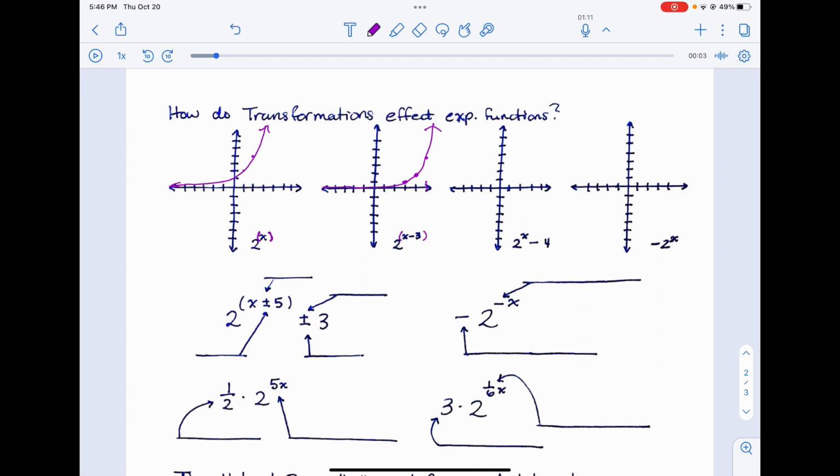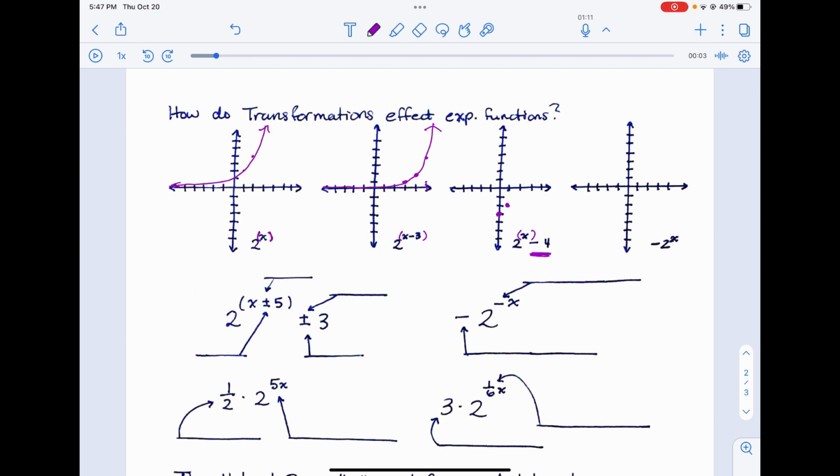That is a different case as opposed to this one over here, right? So this minus 4 is happening on the outside of my parentheses. This is going to give us a shift down. So instead of going through 0, 1, we're going to go through 0, negative 3. Instead of 1, 2, we're going to go through 1, negative 2.